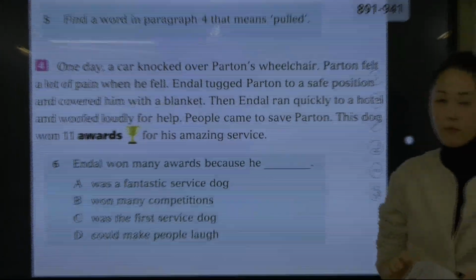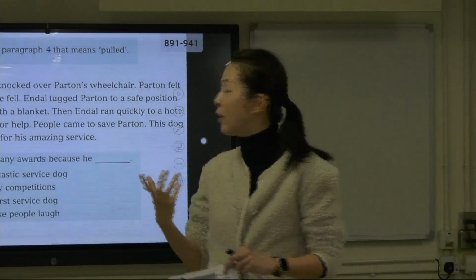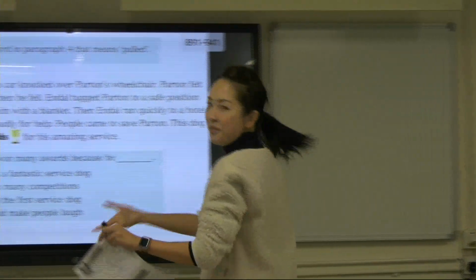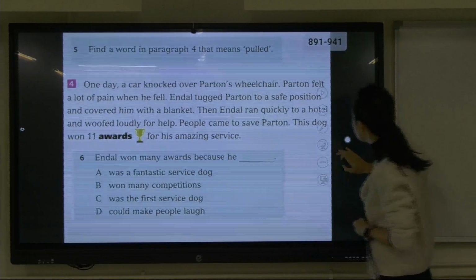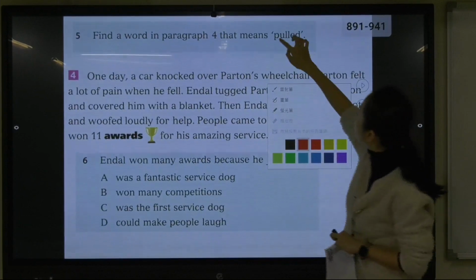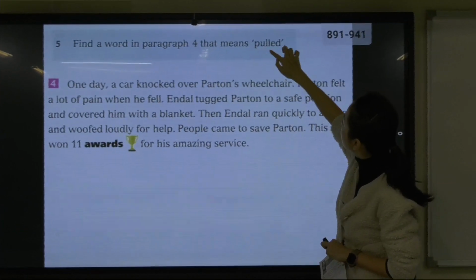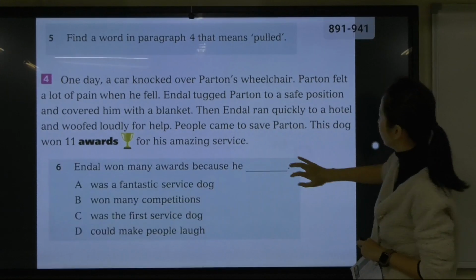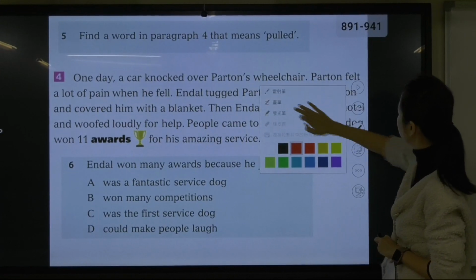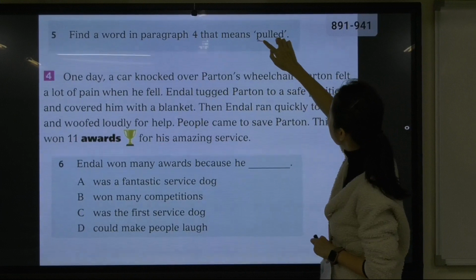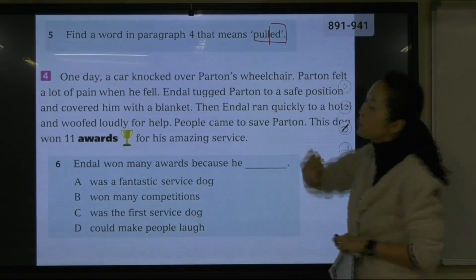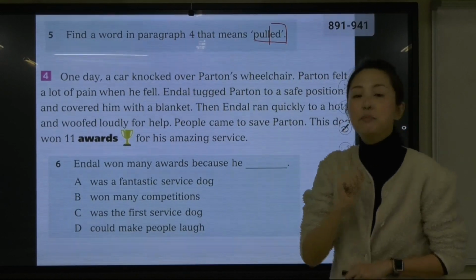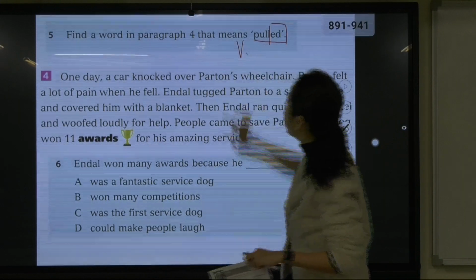Okay, number 5. Find a word in paragraph 4 that means pulled. I give you the meaning already, pulled. Let's look at the word pulled. This word ends with ed, so it is a verb.